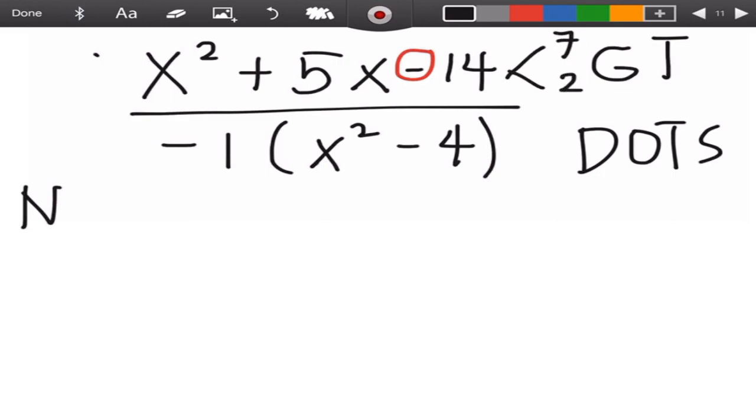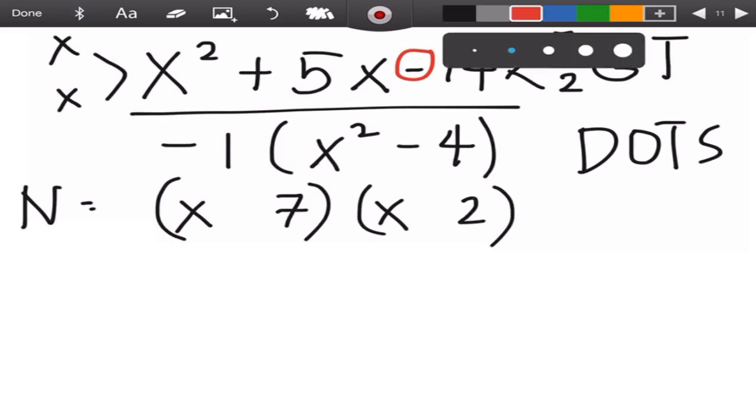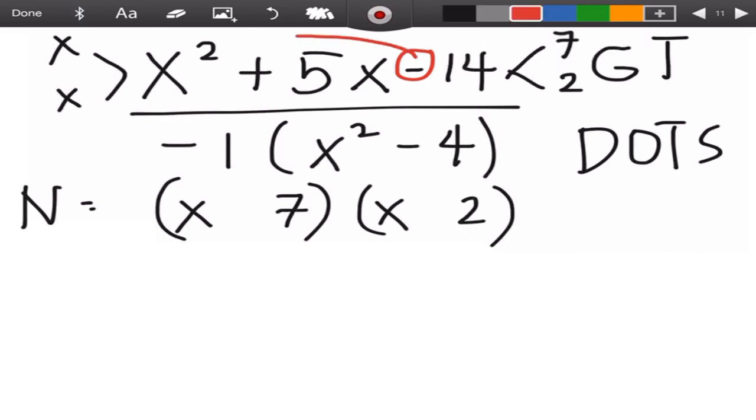And then the factors of x squared are x times x. So we will have the numerator, 2 parentheses, the factors of x squared, the factors of 14, 7, and 2. And then, the higher factor will follow the sign of the middle term. So 7 is higher than 2, so 7 is positive, 2 is negative.